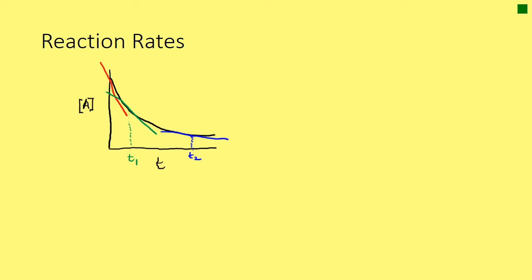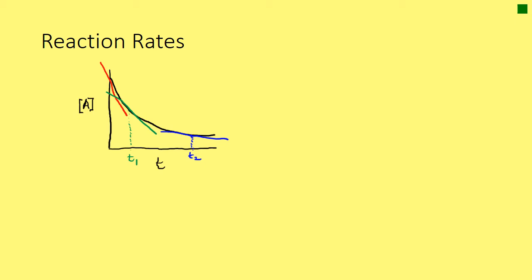If you draw a tangent here, using a ruler, you get the reaction rate from this tangent at the point in time that your tangent touches the curve. So that's what the reaction rate tangent would be like at the start of the reaction. As the reaction proceeds, obviously you get less of A because some of it's turned into product, and so over time your reaction rate is going to decrease.